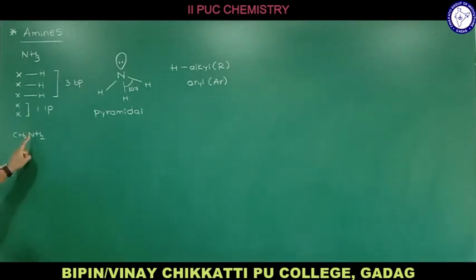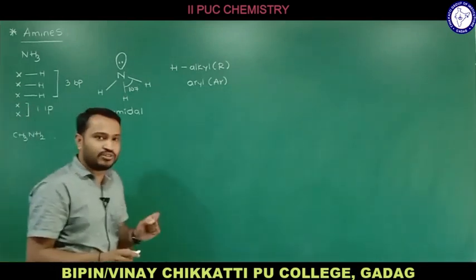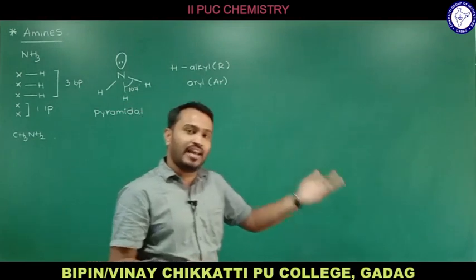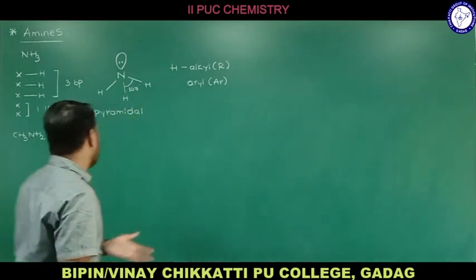Why? Because NH3 is ammonia, and 1 H is replaced by this methyl group, therefore this belongs to a category of organic compounds we call amines. This CH3 is a methyl group. As we know, if you remove 1 hydrogen from an alkane, you get the respective alkyl. Similarly, you get aryls.